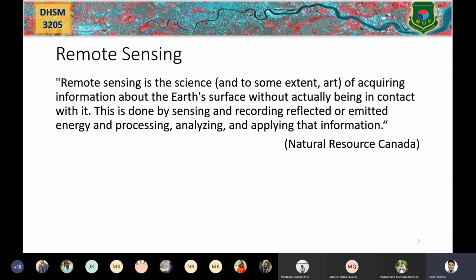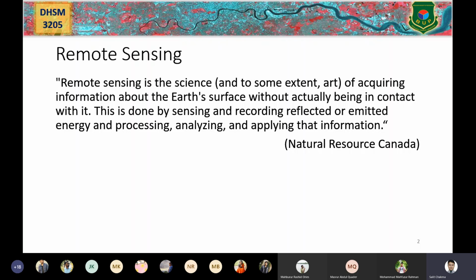So the next phrase is that this is done by sensing and recording reflected or emitted energy and processing, analyzing, and applying that information. So you see, from this definition, remote sensing has two parts.